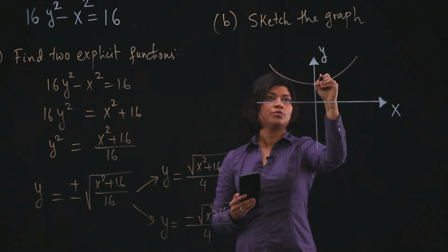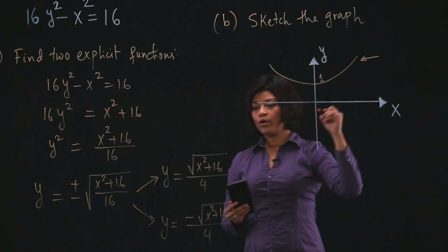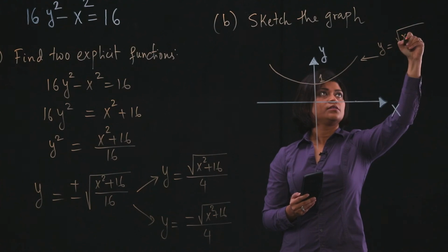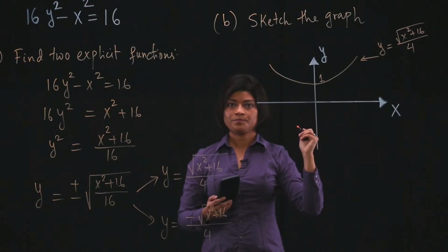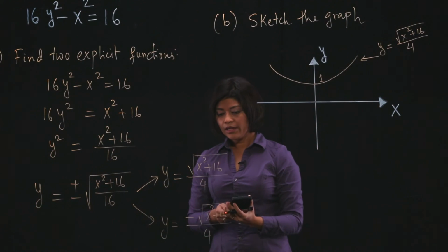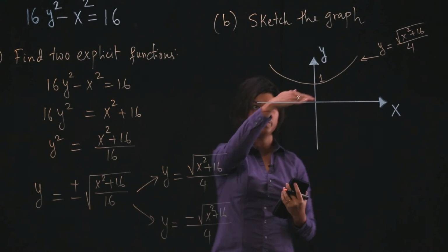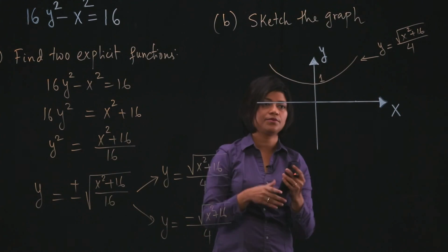passing through 1. That graph is the one for y equals positive square root of (x² + 16) over 4. Makes sense, right? And which graph will you get for the negative portion? Of course, it will be below the x-axis, so it's symmetric to the one on the top.